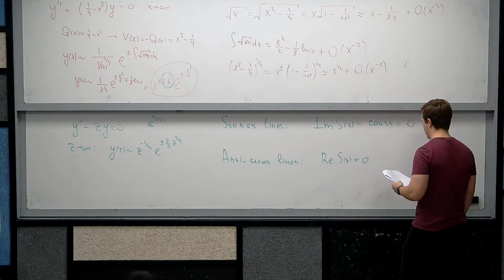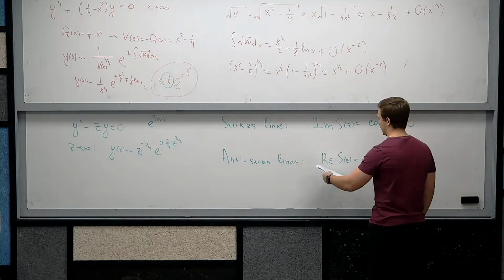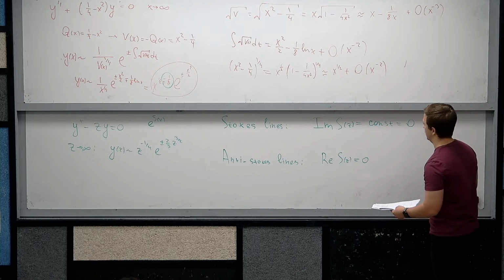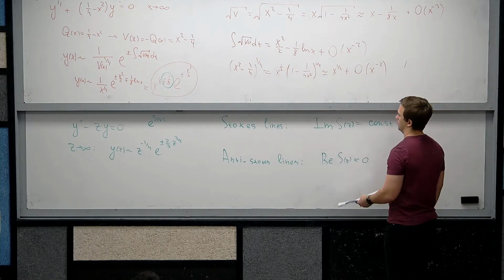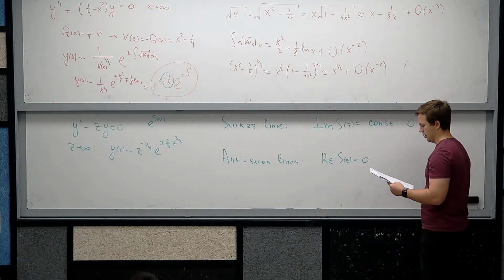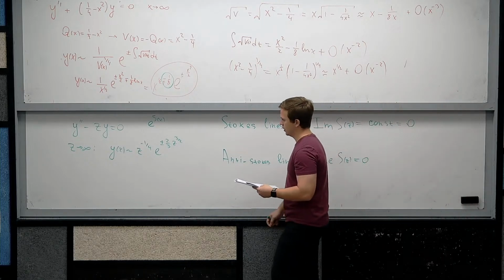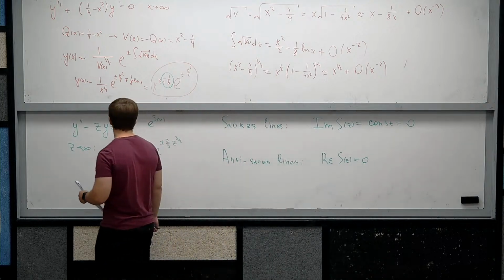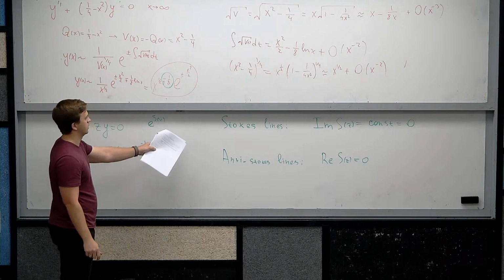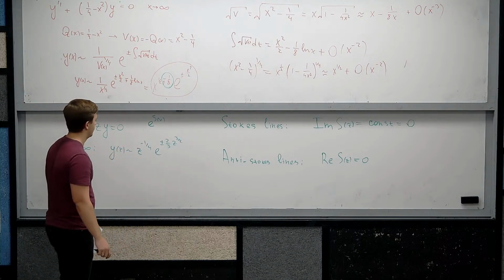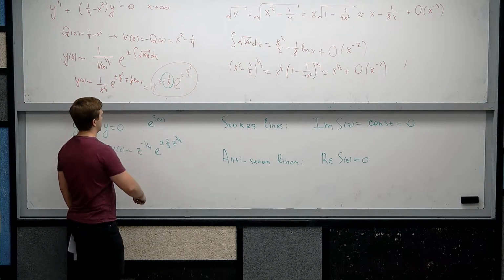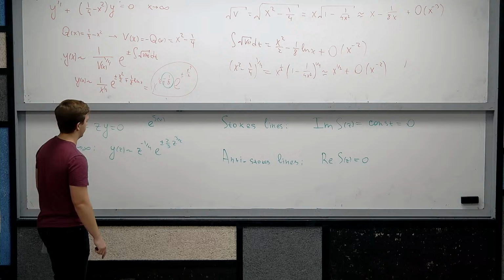So along this line, the solution is purely imaginary, so only oscillations. Right? The question is how we can find, for a particular solution, where the Stokes lines and the anti-Stokes lines are. So we need to rewrite this solution in a different way.